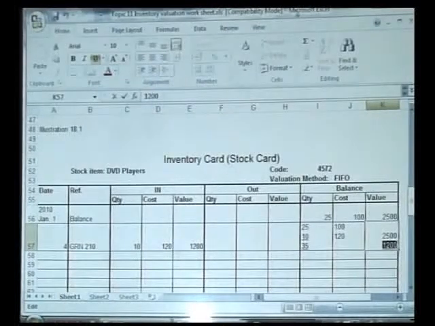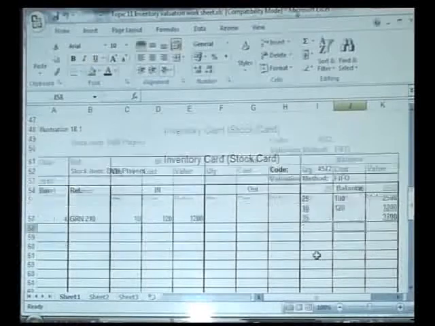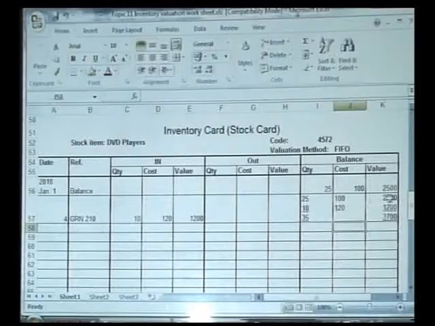Total, it works out to 3700. So this gives us the composition of stock and also the corresponding prices.